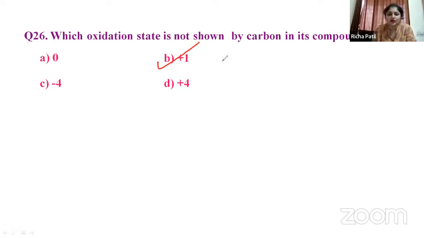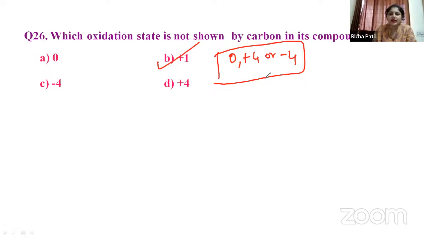See, carbon in ground state can have oxidation state of 0, +4 or -4. To attain stability, it gains an octet or duplet configuration.